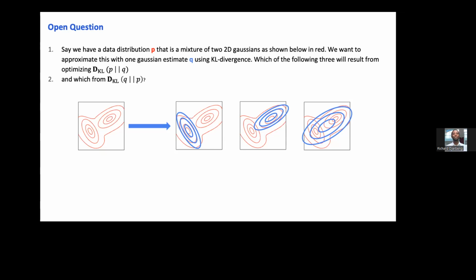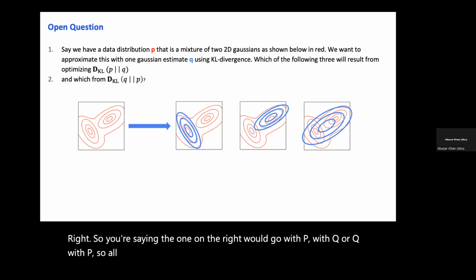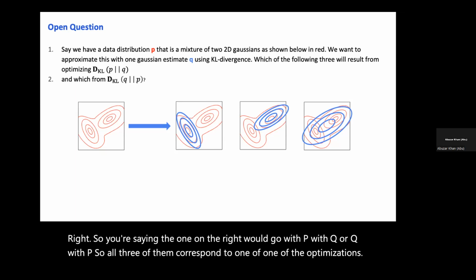I go for the one on the right for number one. Right. So you're saying the one on the right would go with P with Q or Q with P. So all three of them correspond to one of the optimizations. I choose P with Q. Right.